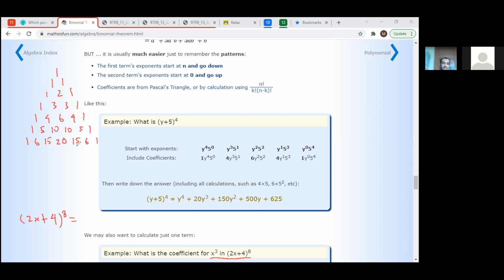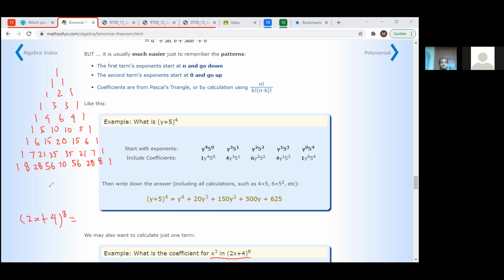Even if it's not that hard, it's already taking our time. Then 35, 35, 21, 7, 1, and the last row, row 8, will be 1, 8, 28, 56, 70, 56, 28, 8, and 1.